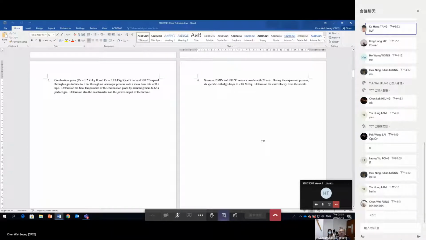Now, steam at 2 megapascal and 280 degrees centigrade enters a nozzle with 20 meters per second. During the expansion, its specific enthalpy drops to 2.89 megajoule per kilogram. What I want to find is the velocity at the exit.